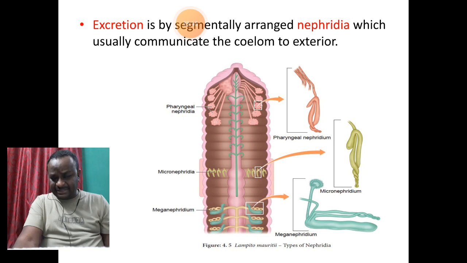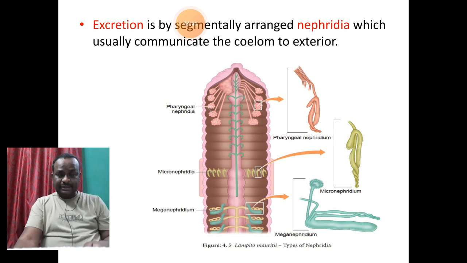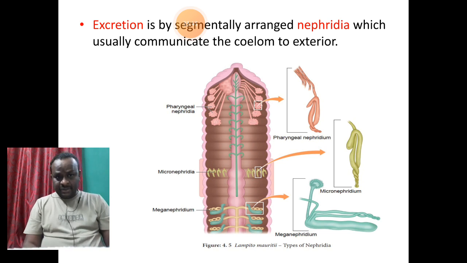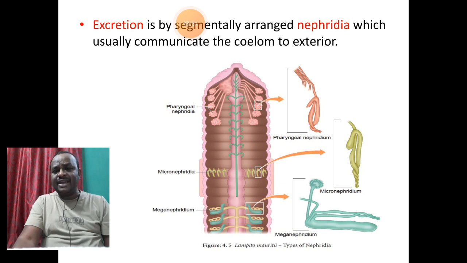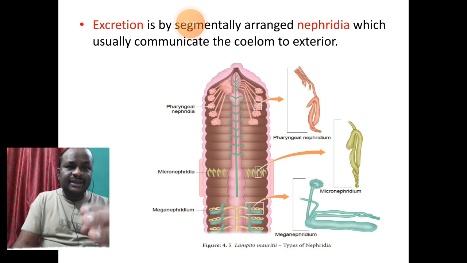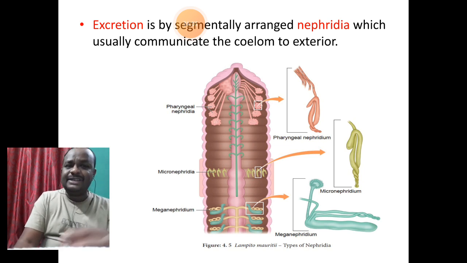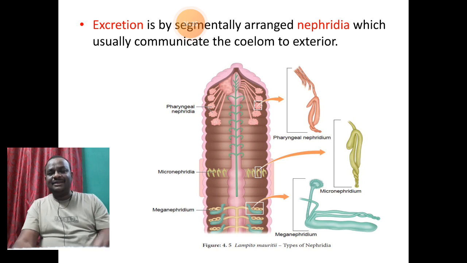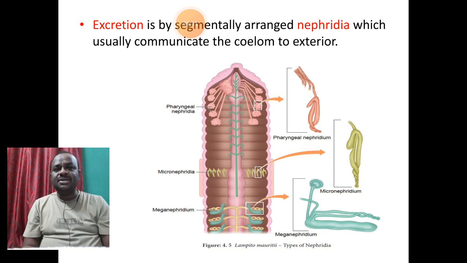Nephridia are structures that communicate between the coelom inside and the external surface outside. Each nephridium removes excretory waste from the body to the outside. Towards the right side you can find different types of nephridia. We are going to understand them in detail later in the type study of the earthworm. So remember, excretion occurs through the nephridia system.